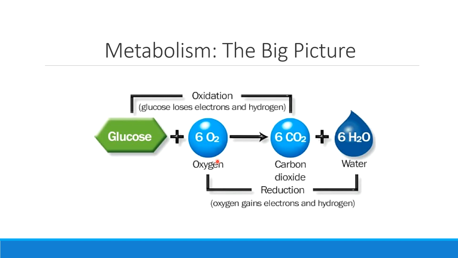When I give oxygen those extra electrons, it's going to grab some hydrogens with them as well. So big picture metabolism, the way all of the chemical reactions in your body work, it's going to be redox reactions. Somebody gains electrons, they're reduced, because somebody lost them, they're oxidized. That's the big picture on chemical reactions in the body.